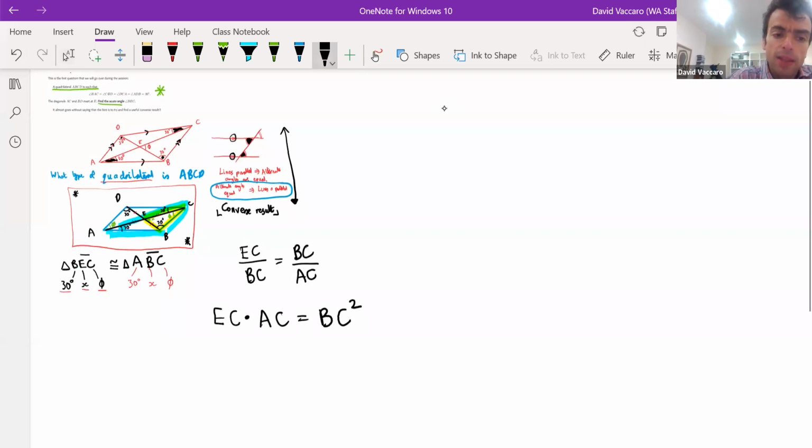Okay, let's look back at the diagram. So we've got A, E is the midpoint, C is the opposite side. B is here.